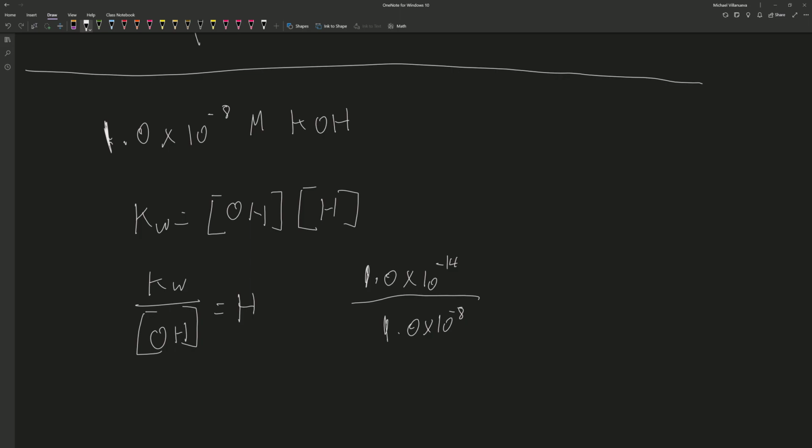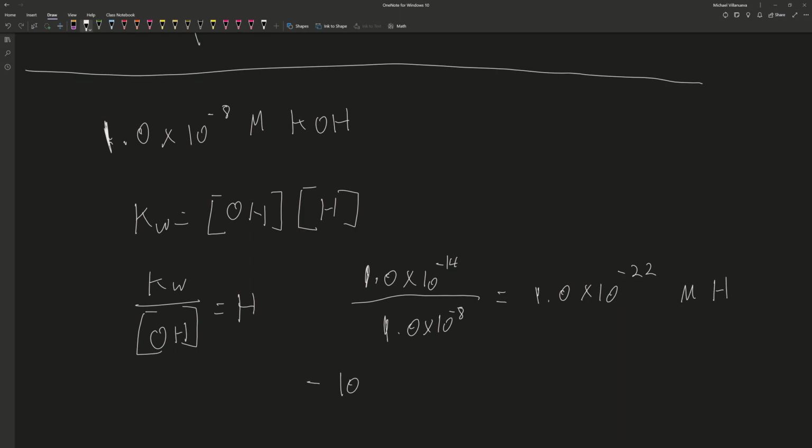Calculator real quick. That equals 1.0 times 10 to the negative 2 H concentration.